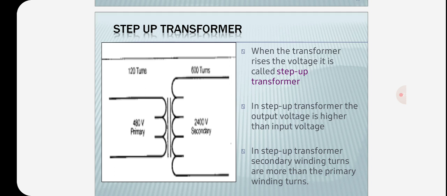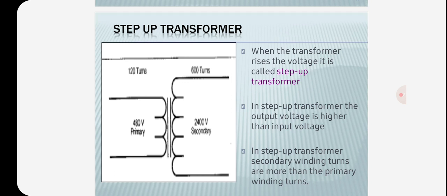The EMF E1 is known as primary EMF or self-induced EMF, and the EMF E2 is known as secondary EMF or mutual induced EMF. Means E1 is called primary or self-induced EMF, E2 is called secondary or mutual induced EMF.